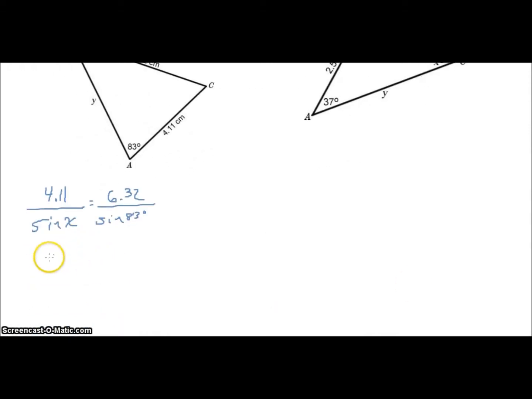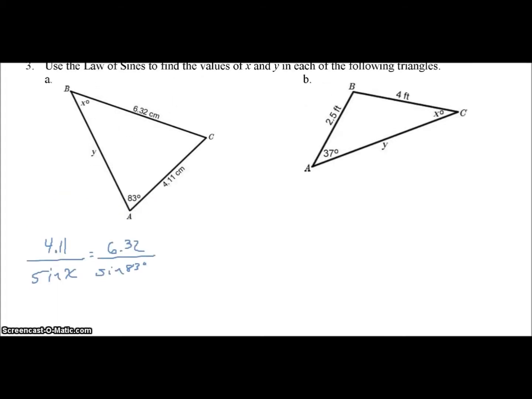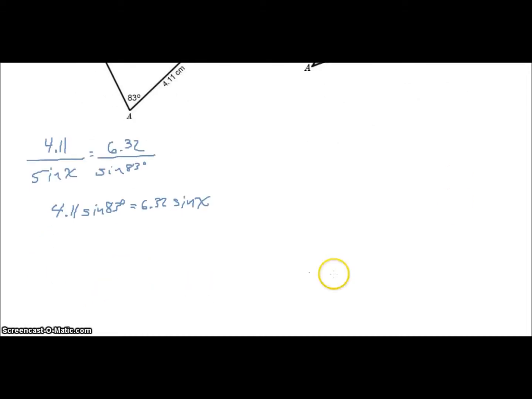Okay, so we need to solve for x. Let's see, we could cross multiply or something. 4.11 sine of 83 equals 6.32 sine of x. That means that we can divide by 6.32.